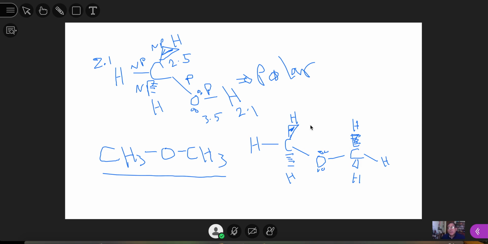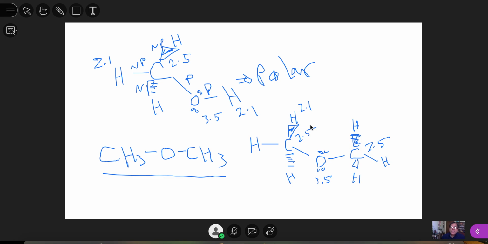Carbon is 2.5, oxygen is 3.5, and all hydrogens are 2.1, right? So the CH bond, polar or non-polar? Non-polar, right?